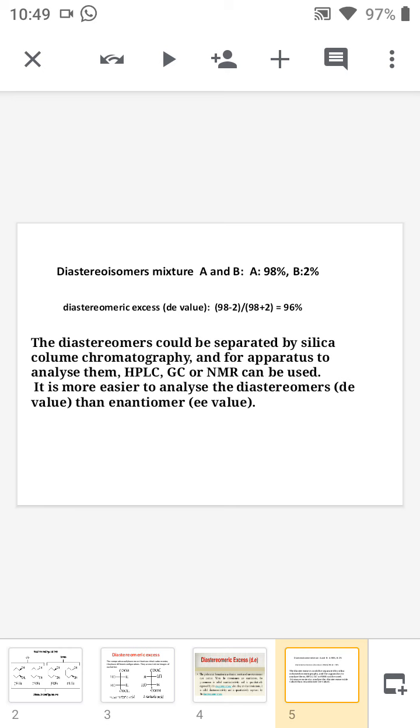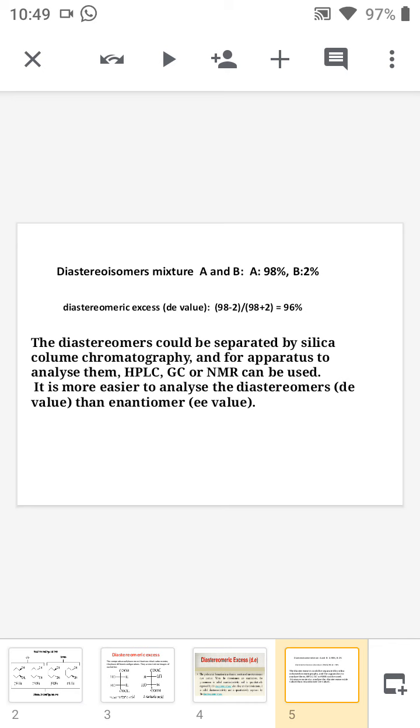We know that one diastereomer contains 98% and the other one is 2%. So we first have to find the difference between these two diastereomers, that is 98 minus 2 divided by 98 plus 2, that's equal to 96%.